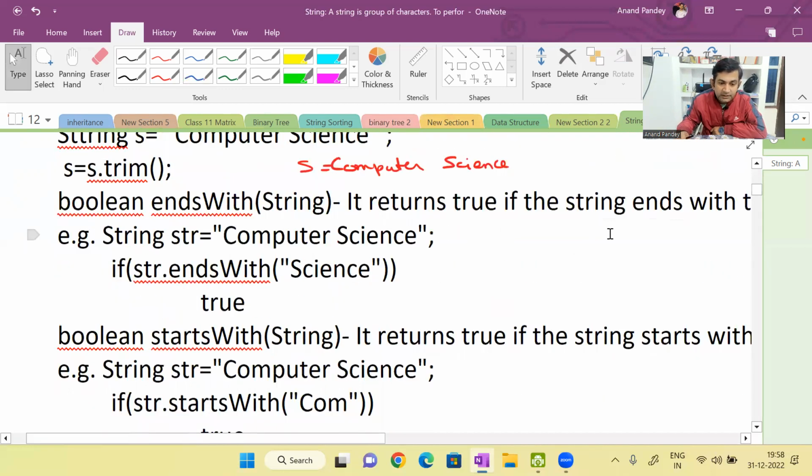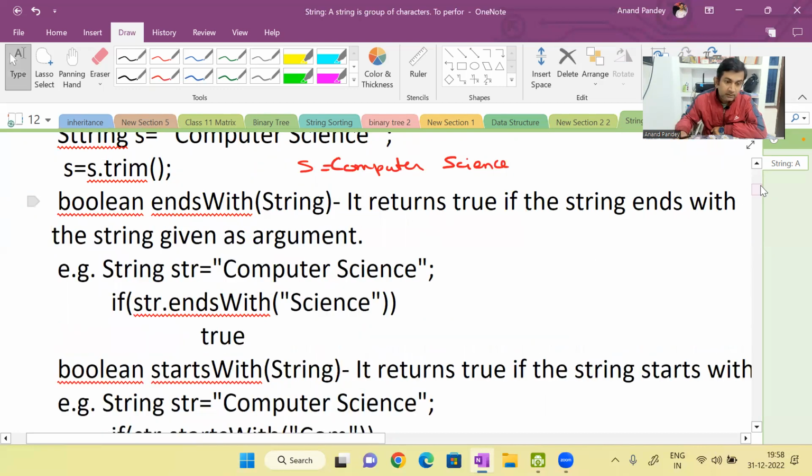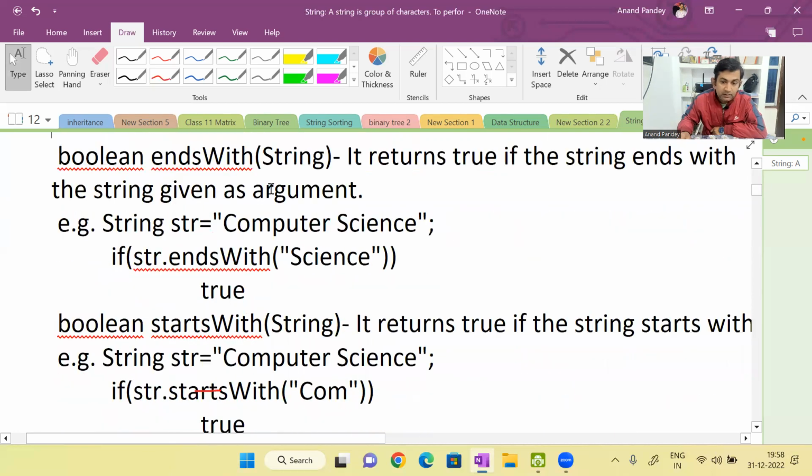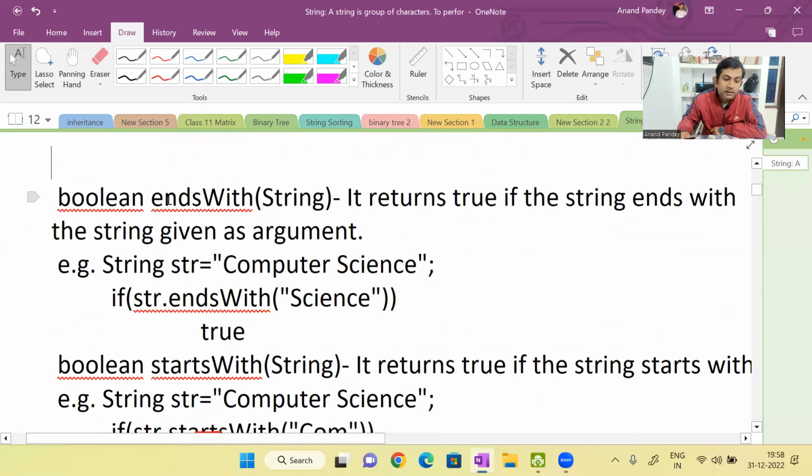Now next function, endsWith. Okay. Now listen, endsWith function. It returns true if the string ends with the string given as argument.